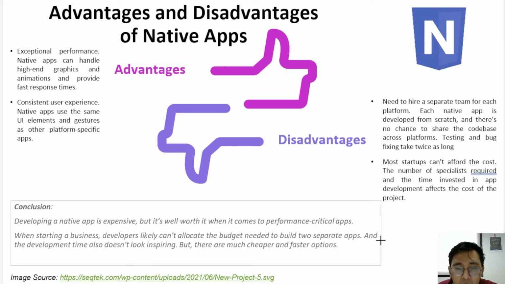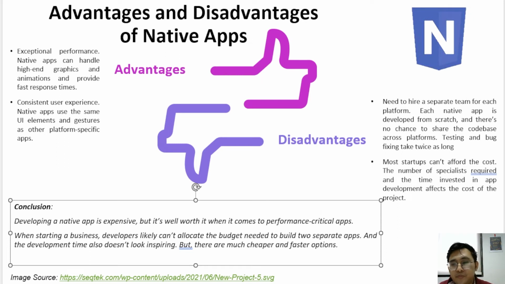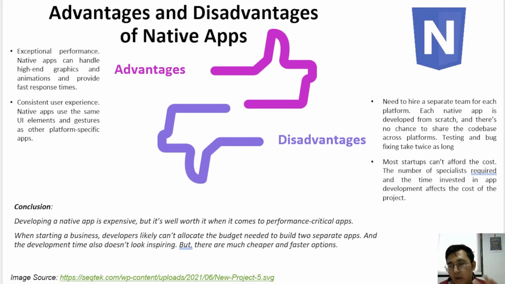So this is a good thing when it comes to native apps. It also has a consistent user experience, where native apps use the same UI elements and gestures as other platform-specific apps. But the disadvantages: they need to hire a separate team for each platform because we need to write it again from scratch.